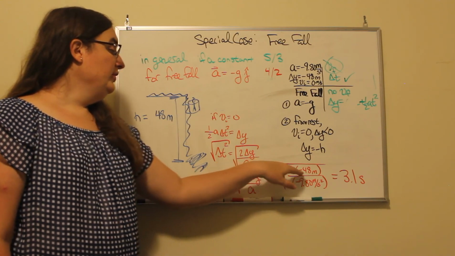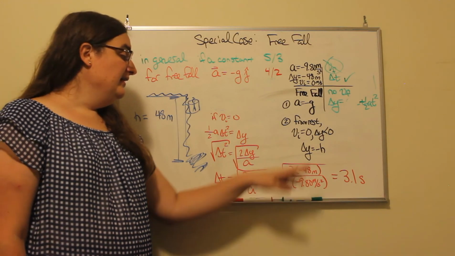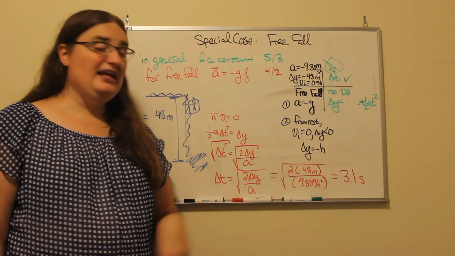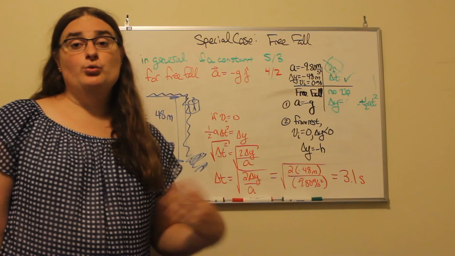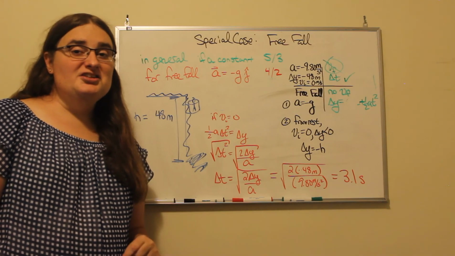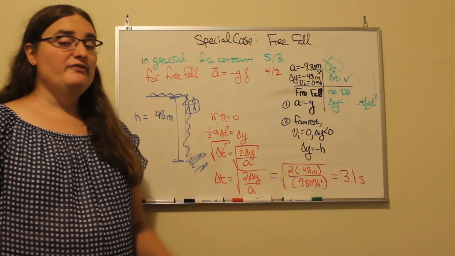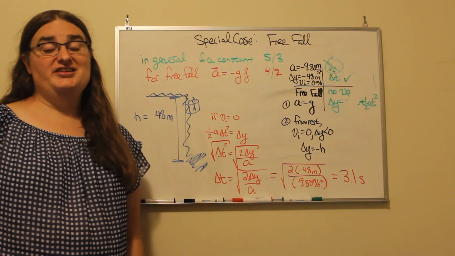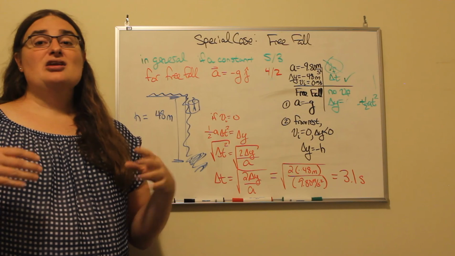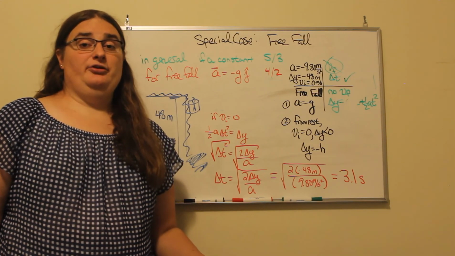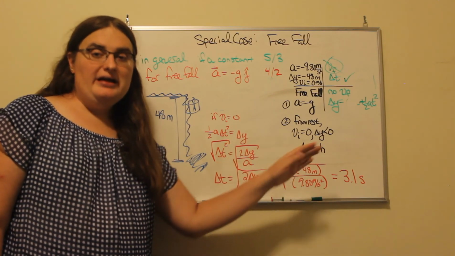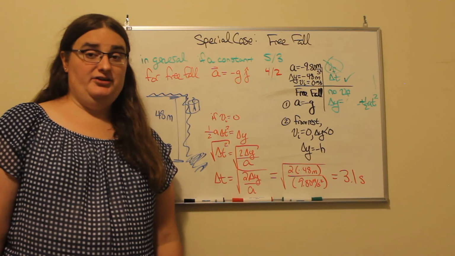Here we do get a negative sign for our displacement and a negative sign for our acceleration, so those negative signs cancel each other out, and we're taking the square root of a positive number. The other warning sign, as I mentioned in chapter 1, is dividing by something where there's a subtraction in the denominator, because then you run the risk of dividing by 0. So always keep an eye out for negative signs under square roots and subtraction in denominators.